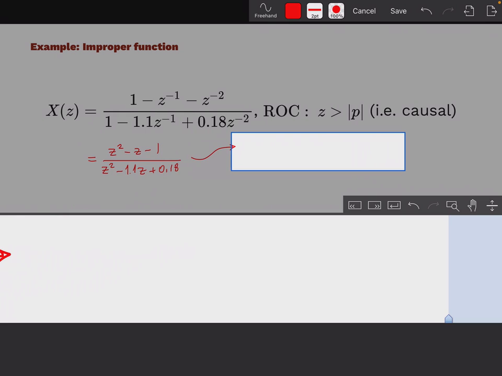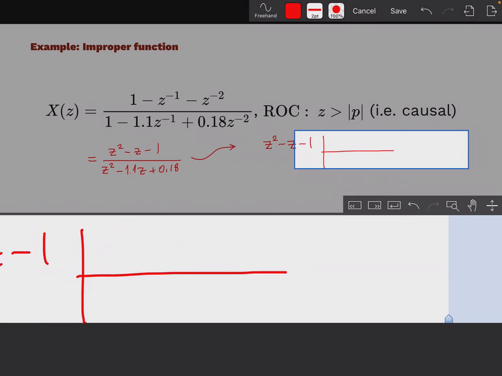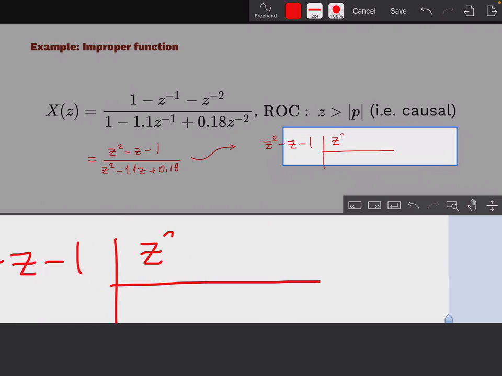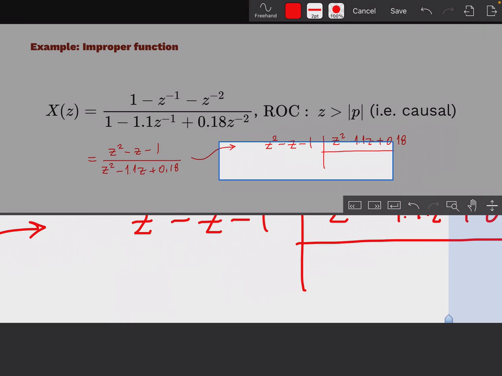That means we first write the numerator polynomial and then divide this by the denominator polynomial. We're only going to carry out the first step to find the remainder.